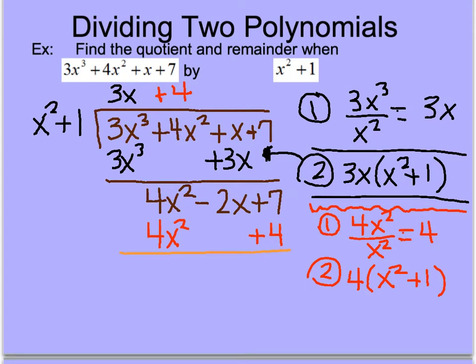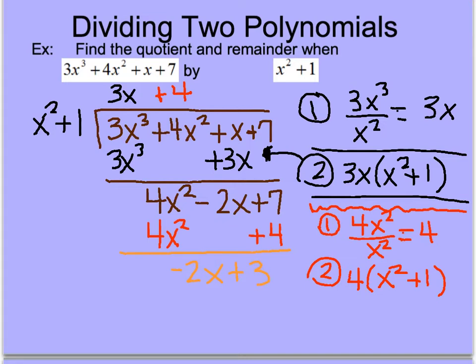And again, we're going to subtract. So the 4x squared minus the 4x squared is gone. Then we have negative 2x minus nothing, so that's just negative 2x. And then we have 7 minus 4, which makes positive 3.